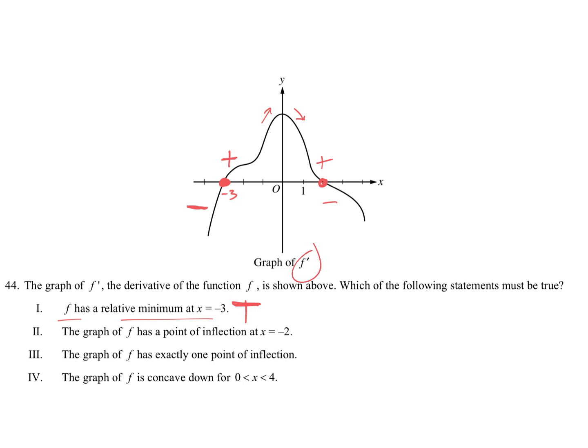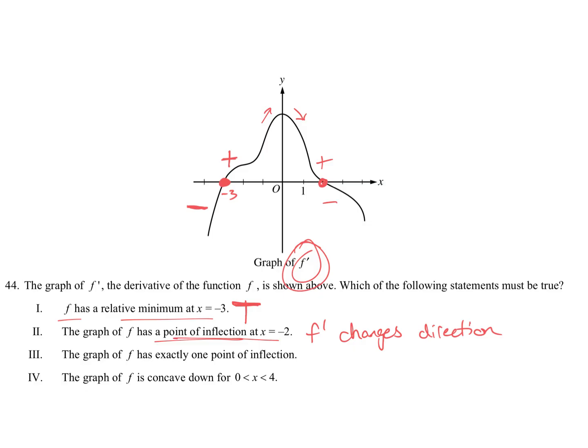Up next, it says that f has a point of inflection. So point of inflection on a graph of f prime would look like a change from increasing to decreasing or decreasing to increasing. So a change in direction. F prime changes direction. That's the one that's often forgotten.